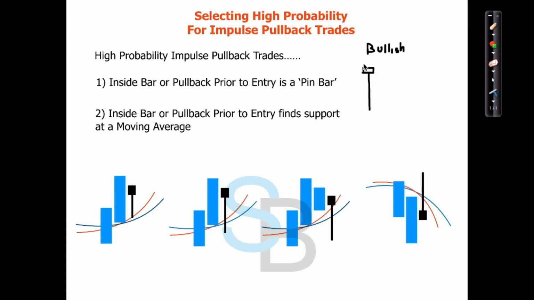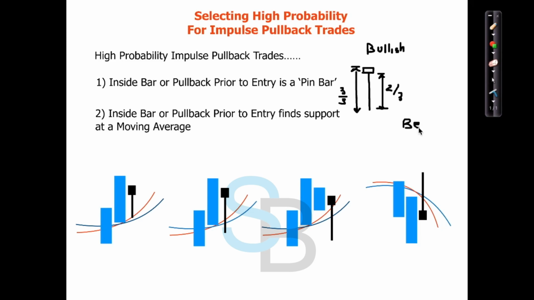So a bullish pin bar must have a small body with a long lower shadow. And ideally, the length of the lower shadow should be at least 2/3 of the entire range of the candle. So if you take the entire range, which is 3 out of 3, the lower shadow should be 2 out of 3.